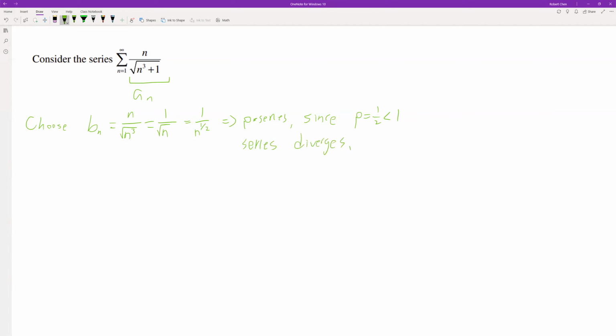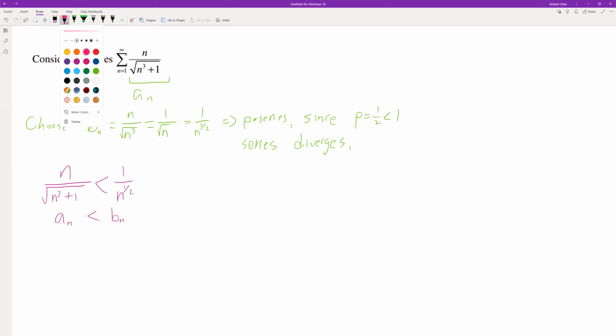But if we compare Bn with the original An, since we have the one less in the denominator, Bn is going to be greater. Here we have the larger series diverges.